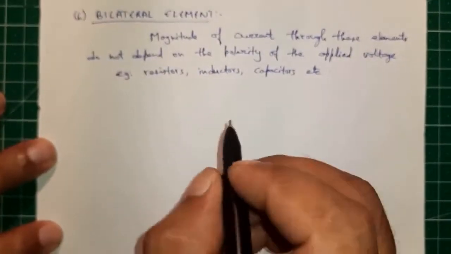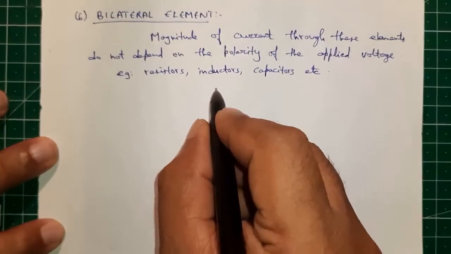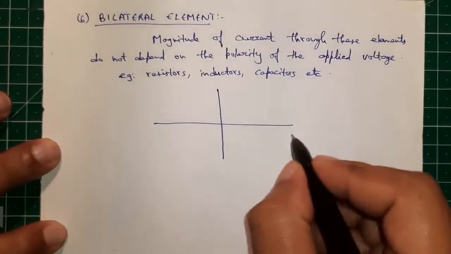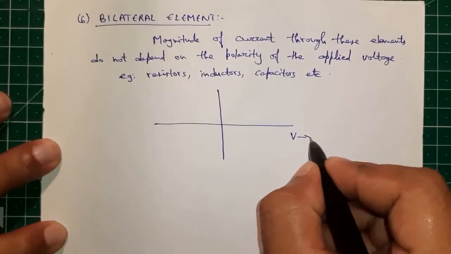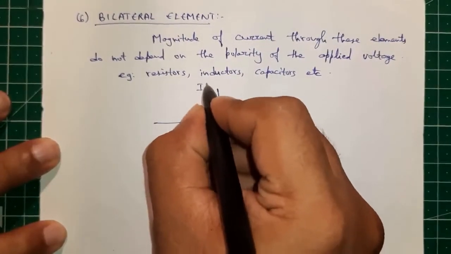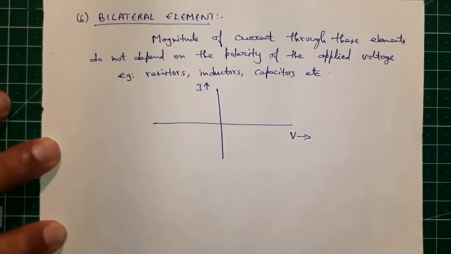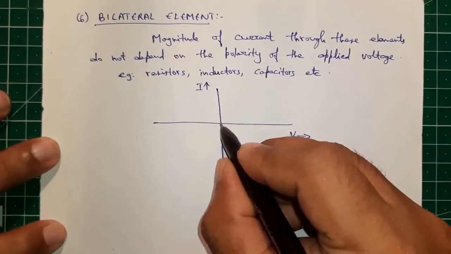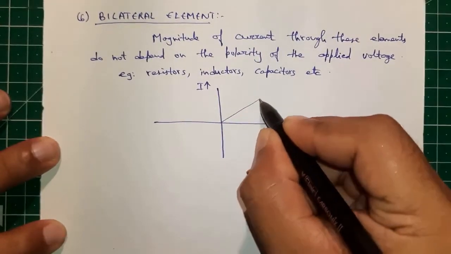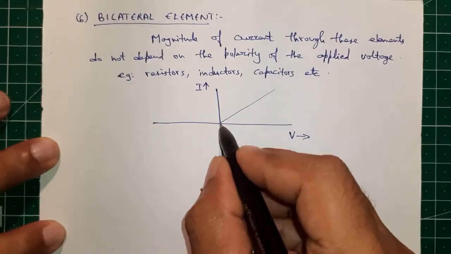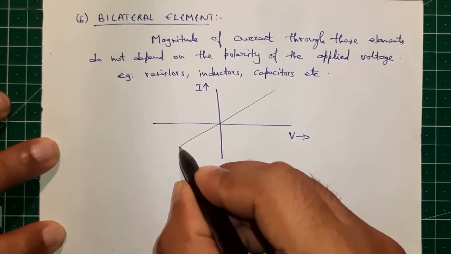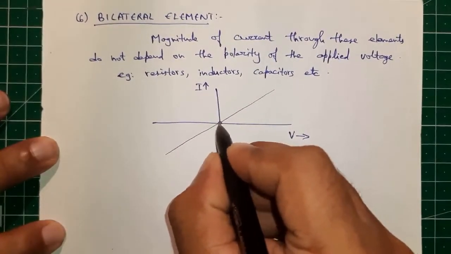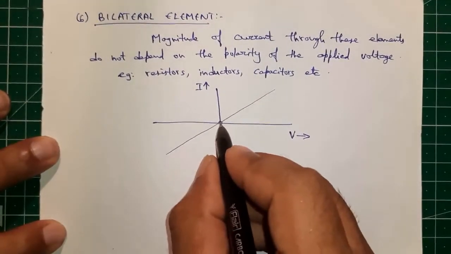So let's take the case of a simple resistor. We know that it is going to obey Ohm's law. Apply a positive voltage, you can see the current is going to increase in a linear manner. You reverse the voltage, the current is going to increase in a linear manner in the opposite direction, passing through the origin. Apply zero voltage, current is zero.